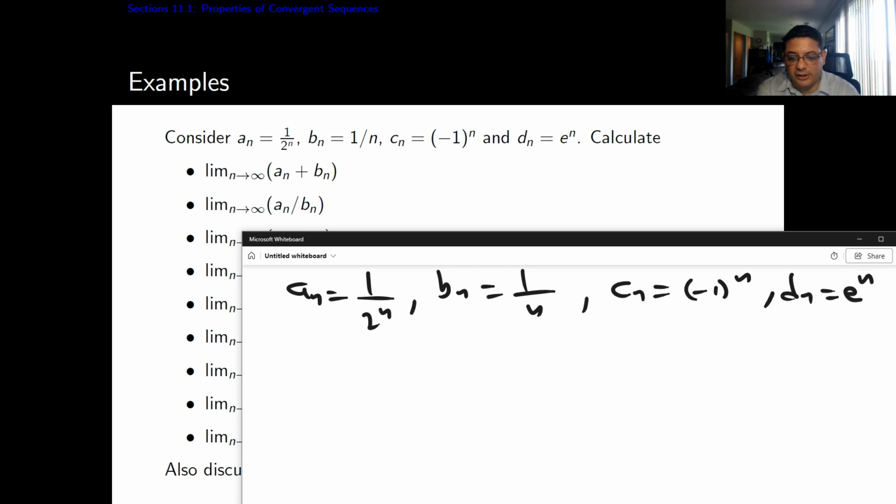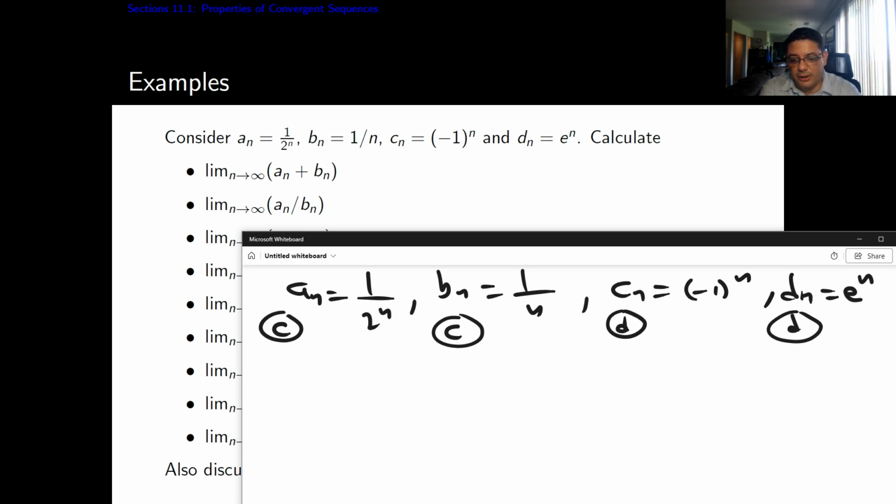Now I'm going to use C for convergent and D for divergent. Notice that a_n is convergent, b_n is also convergent. Both of these go to 0 under limits. Now c_n is divergent because the limit does not exist, and d_n is also divergent because the limit goes to infinity. So these are two divergent and two convergent sequences.